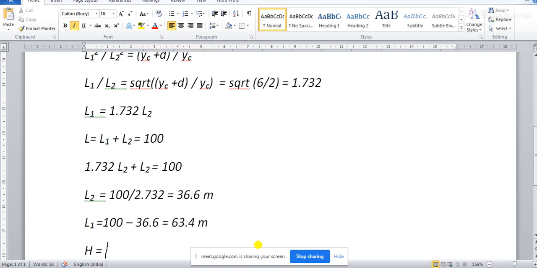So how much will you get? L1 squared will come.